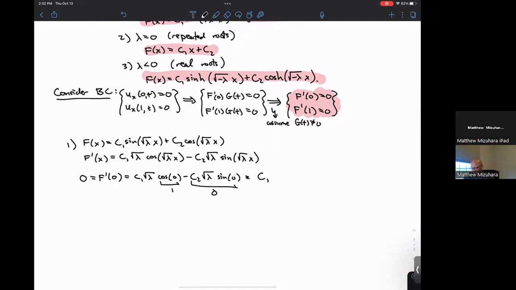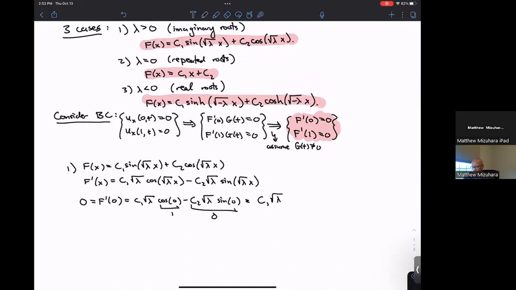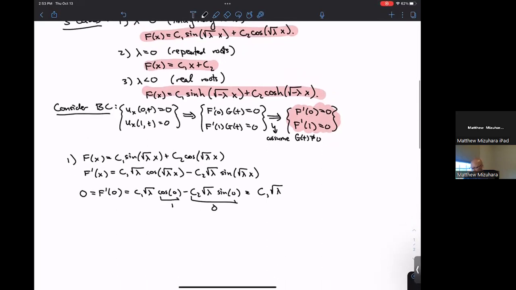So what I'm left with is c1 root lambda. Now I know lambda is not 0 in this case, right? I know in this case lambda is positive. So this is non-zero, which means the only way this equation holds is if c1 equals 0.